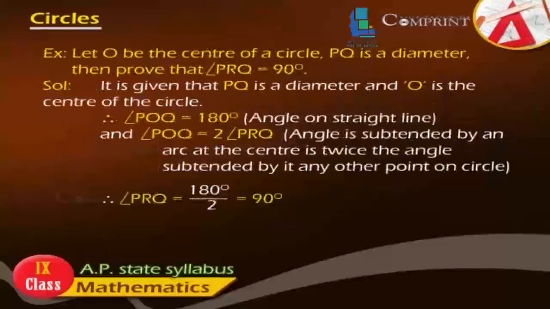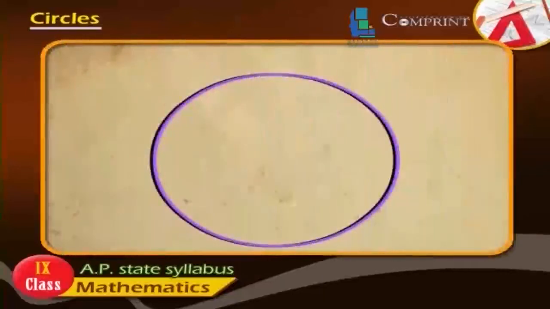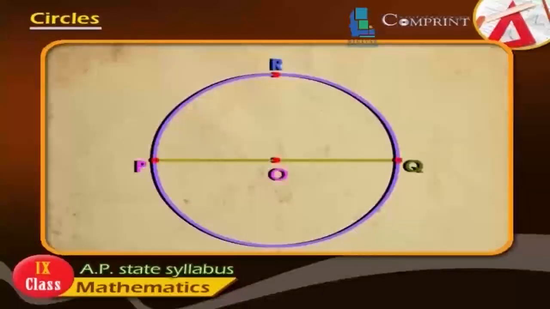Example, let O be the center of a circle, PQ is a diameter, then prove that angle PRQ is equal to 90 degrees. Solution. It is given that PQ is a diameter and O is the center of the circle.